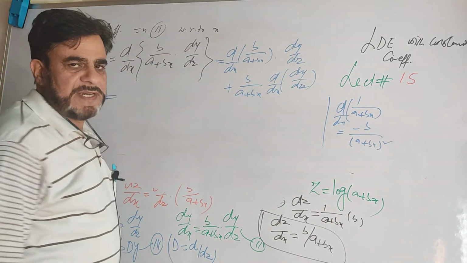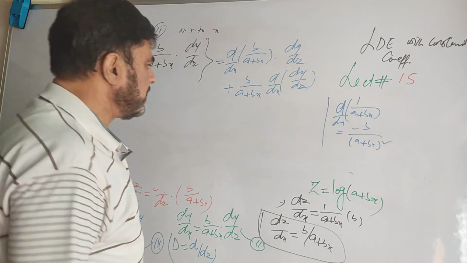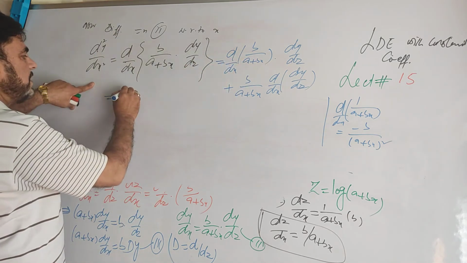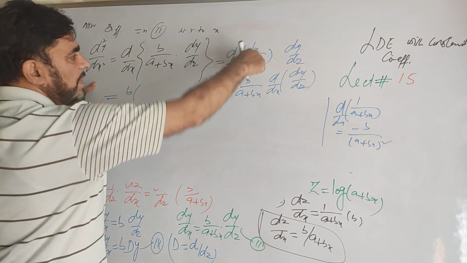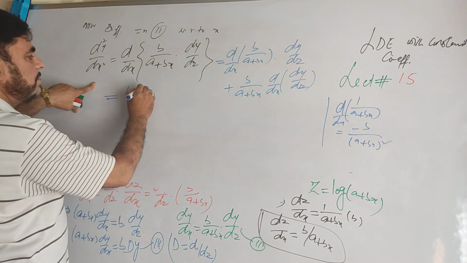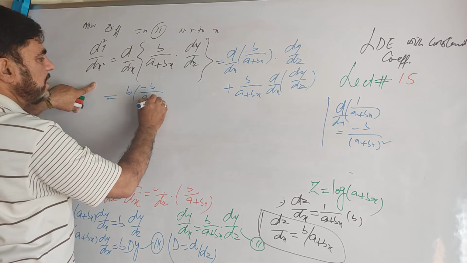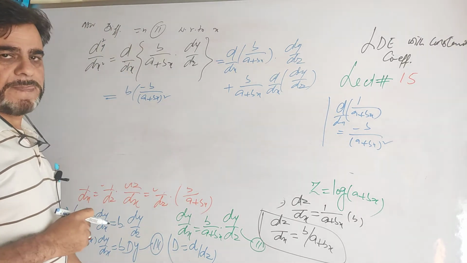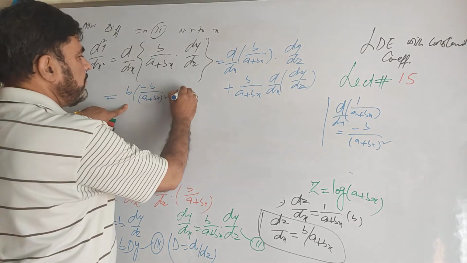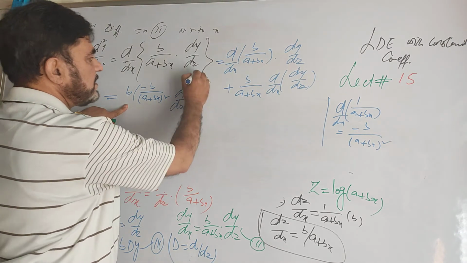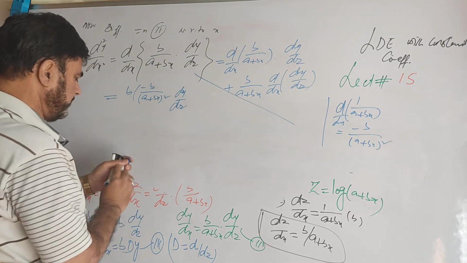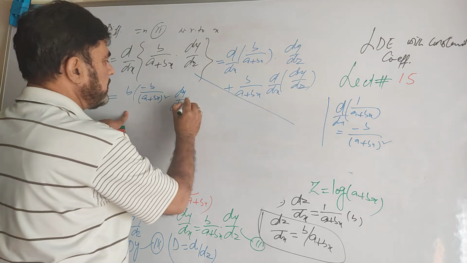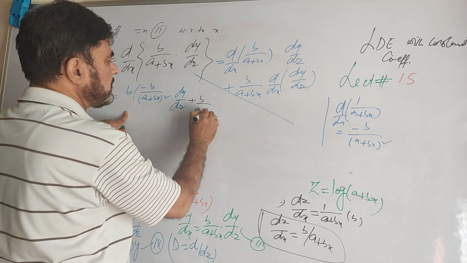If you take it upward also, and do it that way, you will still get the same. Yes, this is its derivative. b is a constant multiple, take it out, derivative of 1 by (a plus bx) I have written here, it is minus b by (a plus bx) square. Then dy by dz as it is. The second term I will write here, so it may not get mixed up. This term is plus b by (a plus bx).